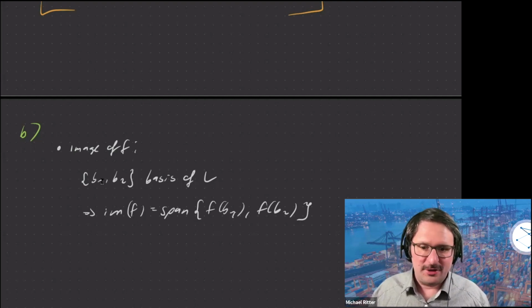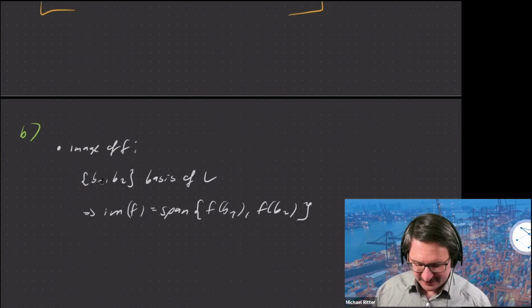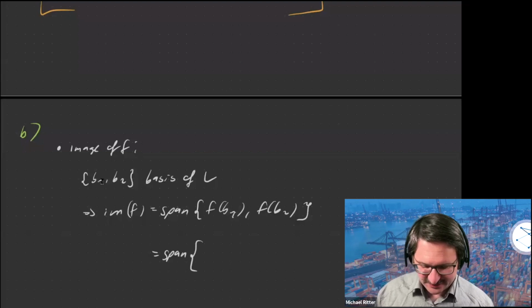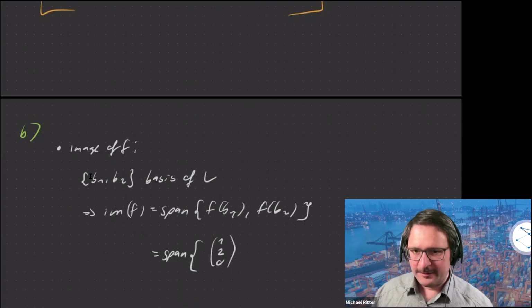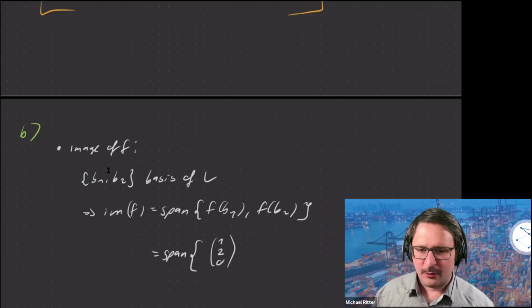We don't really need to bother. We know these already, and we can just use that. So the span here: F of B1 is 1, 2, 0, and F of B2 is, I think, 1, 1, 0.